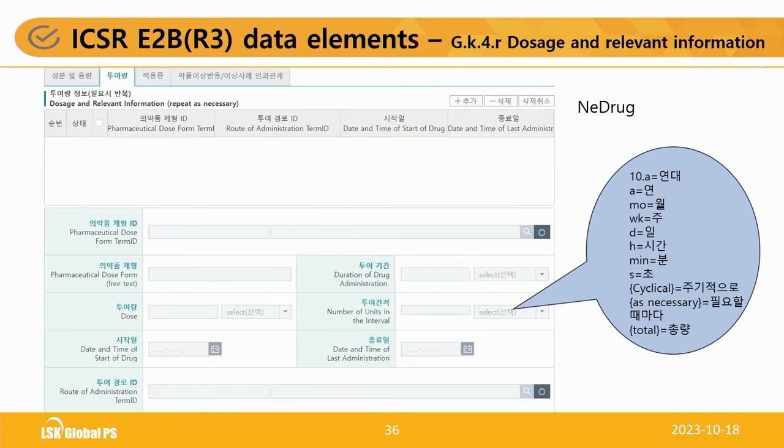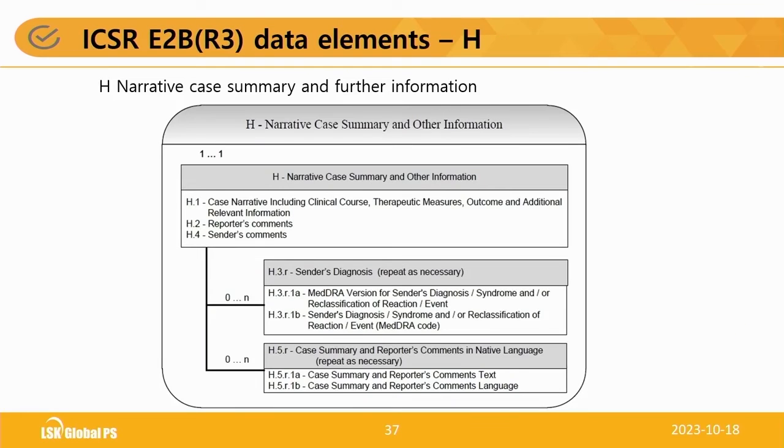And then to look at the frequency number of units in the interval, you can select from the drop-down list multiple elements. But you have to be very clear at the unit. So if it's going to be hours, then you might enter in 8. But if you're going to go by the unit of day, then because it's taken 3 times a day, you would divide 1 day by 3 and then write down 0.33.